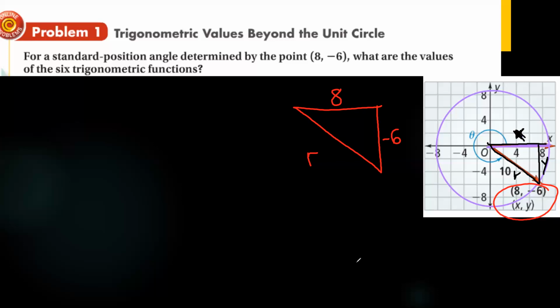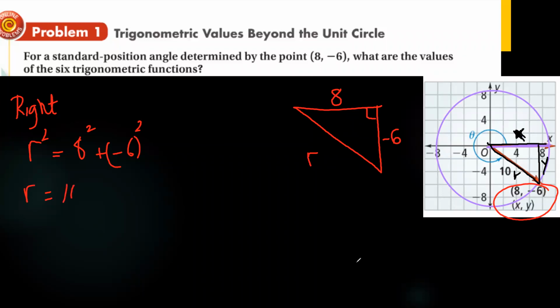How did you find the radius of the circle? Since this is a right triangle, Pythagorean theorem. So r squared will be 8 squared plus -6 squared.